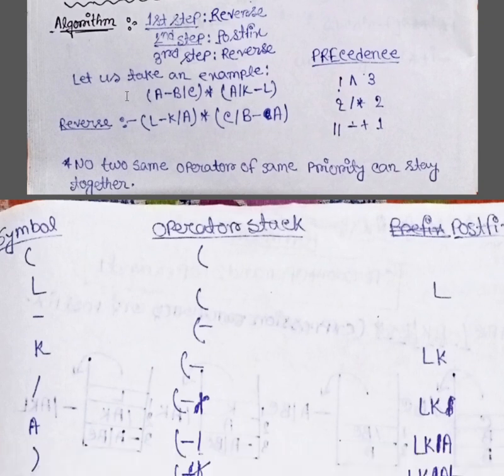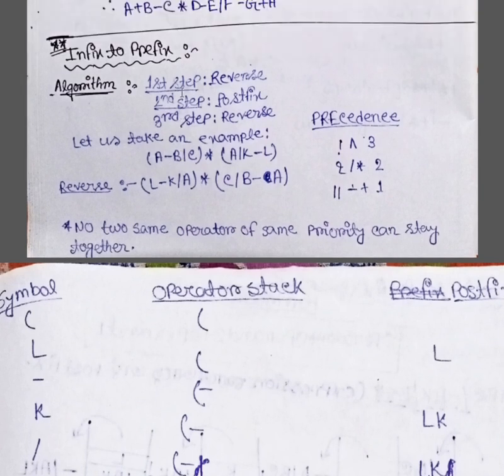So, for example, this is our given infix expression, and we have to do the infix to prefix conversion. As per the algorithm, we have to reverse the expression. So this bracket becomes this bracket.